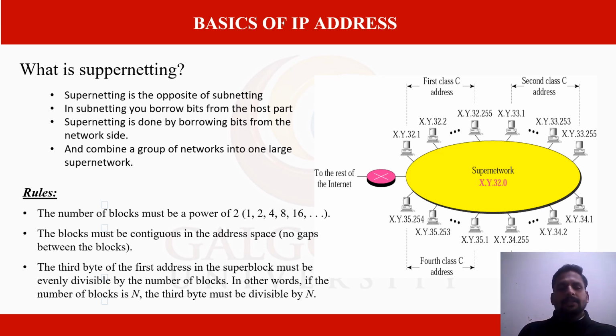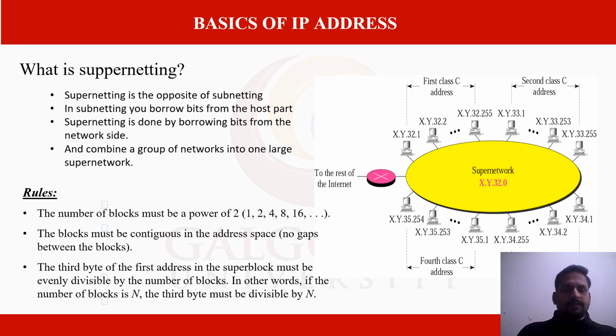Because if you are borrowing from the network side, it means we are extending the subgroup value. So we are combining all the subgroups and making them into a common network ID. That is why we say supernetting is making a larger network by combining these subnet groups.